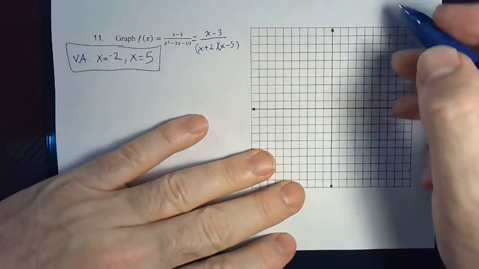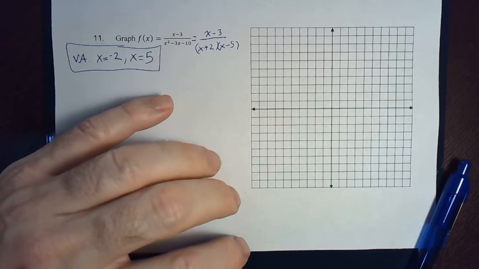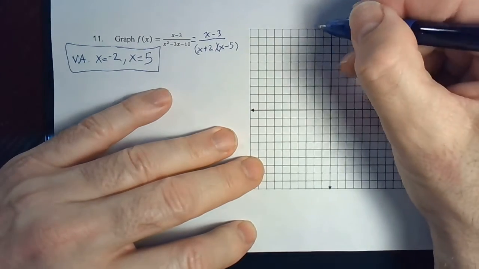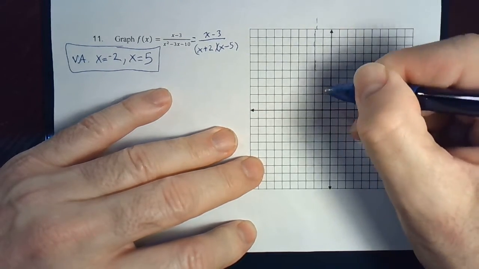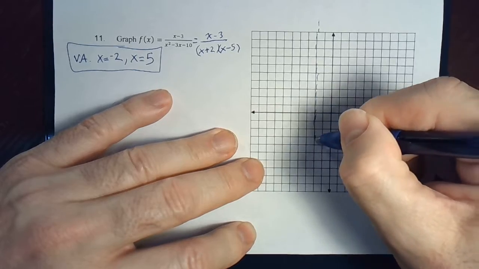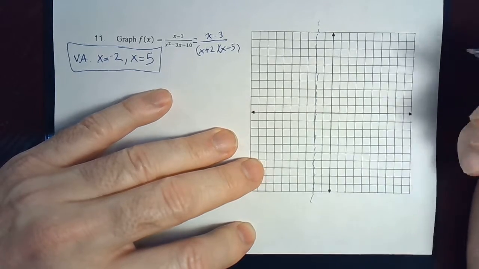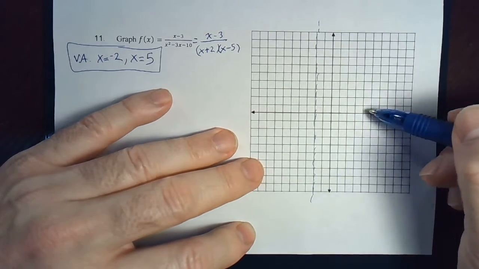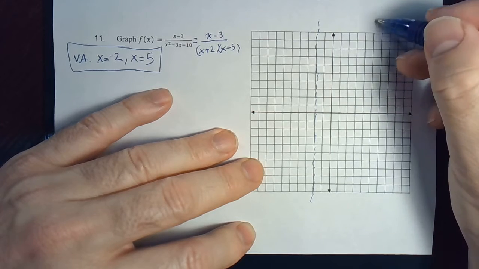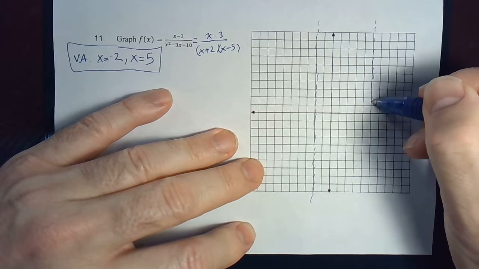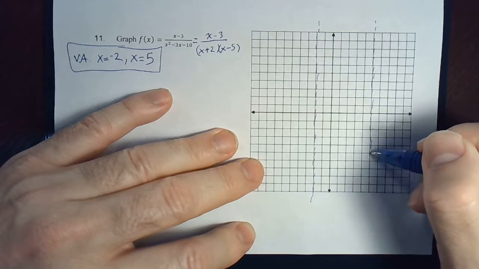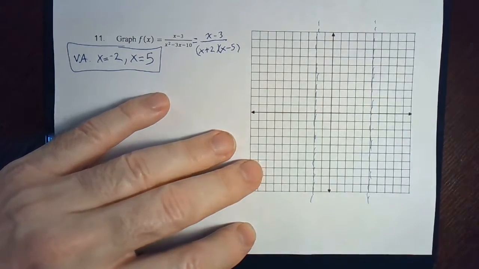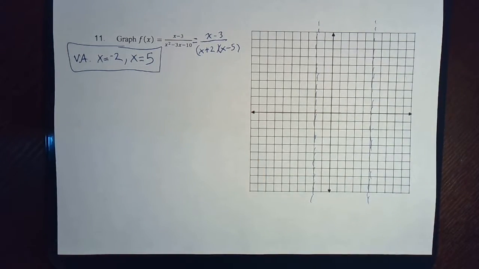Let's go ahead and draw those. Let's see, negative 2. And positive 5, 1, 2, 3, 4, 5. Okay, we've got our two vertical asymptotes.